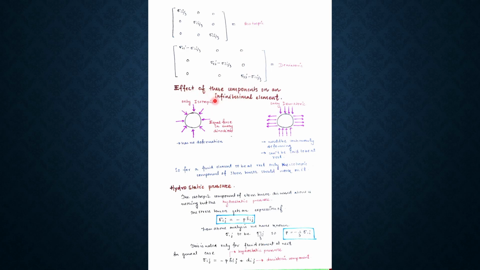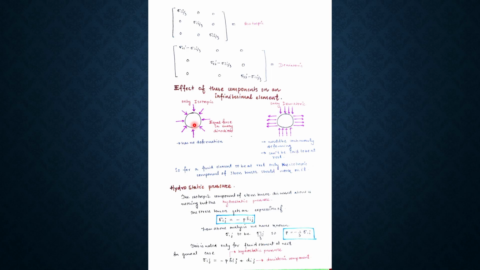So let's say the only effect that we're considering is of the isotropic. So this is a circular fluid element, and if the only effect is of isotropic stresses, the forces would be acting like this. All inwards, equal in magnitude. Equal force in every direction. So in this way, the body would have no net deformation, and it can be considered to be fairly static.